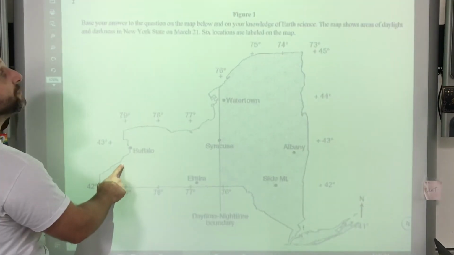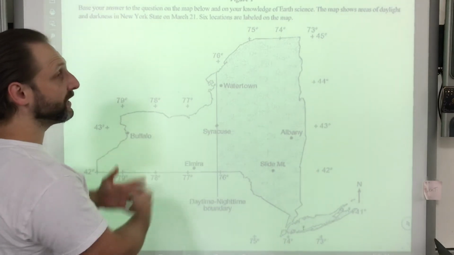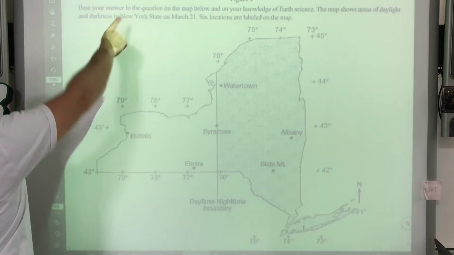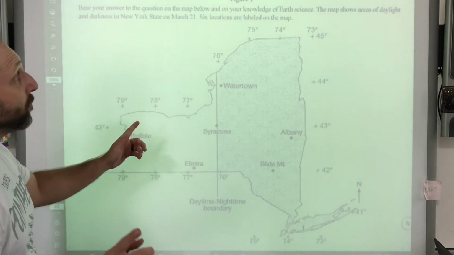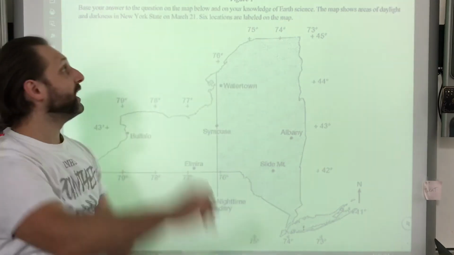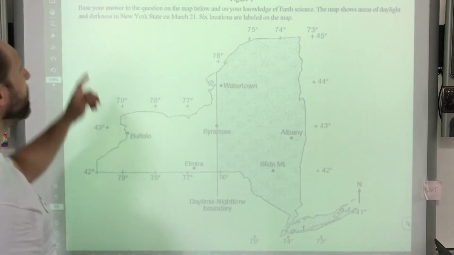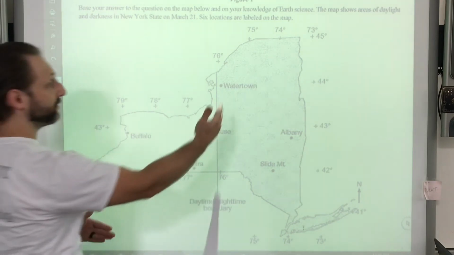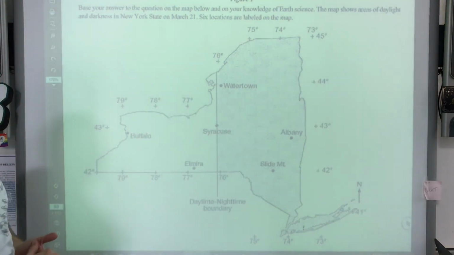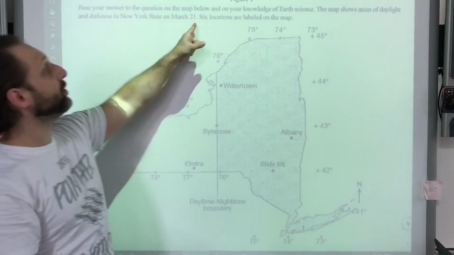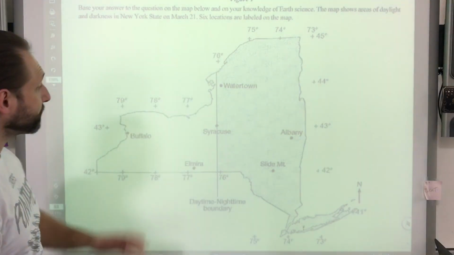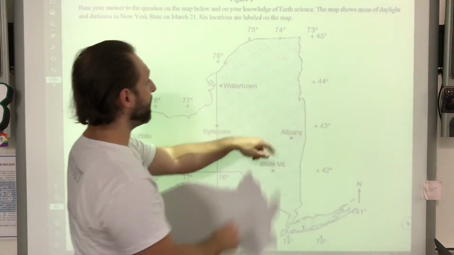Down here, a similar structured question, except they're giving us a diagram. So base your answers to the question on the map below and your knowledge of Earth science. The map shows areas of daylight and darkness on March 21st. There are 6 locations that are labeled on the map, 1, 2, 3, 4, 5, 6.